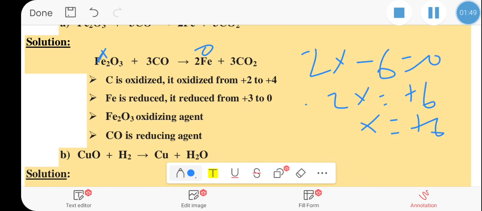Iron in the reactant side is plus 3, goes to 0, it is reduced.